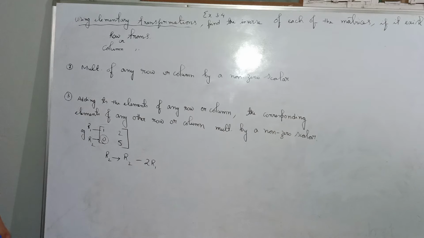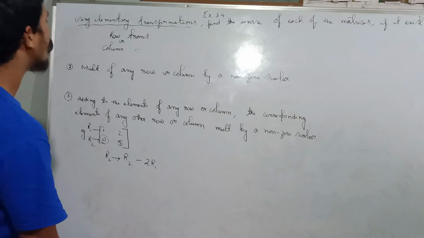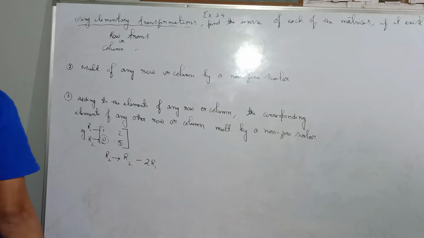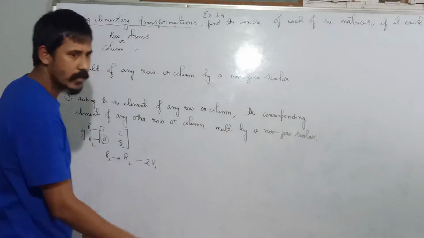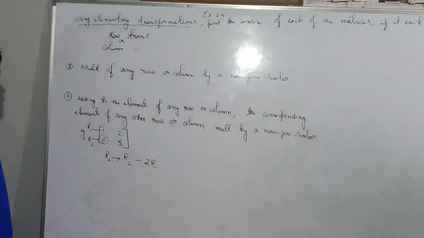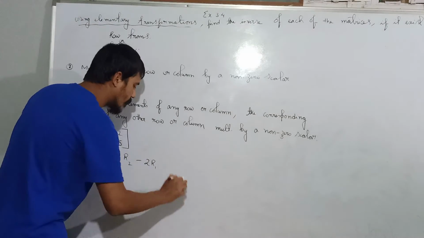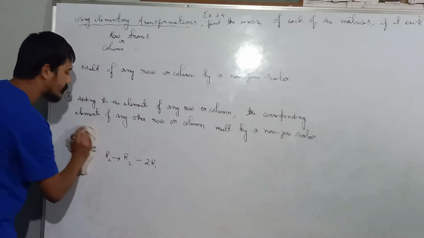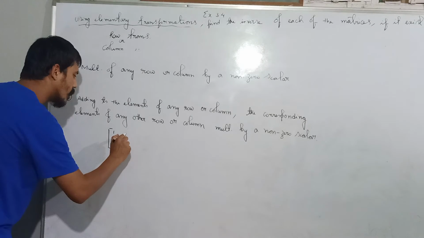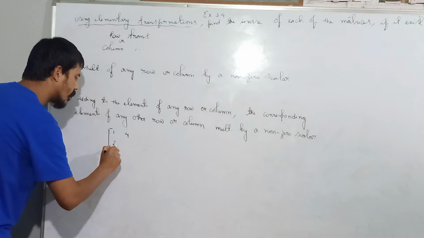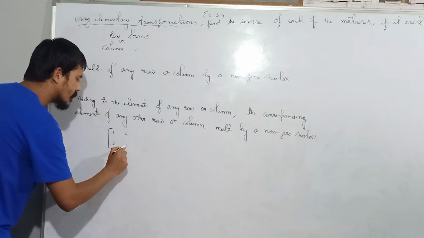Is it okay? Addition to the elements of any row or column, the corresponding elements of any other row or column multiplied by a non-zero scalar. So all these kinds of transformation are possible. Suppose you have a matrix 1, 4, 2, let's say 6.